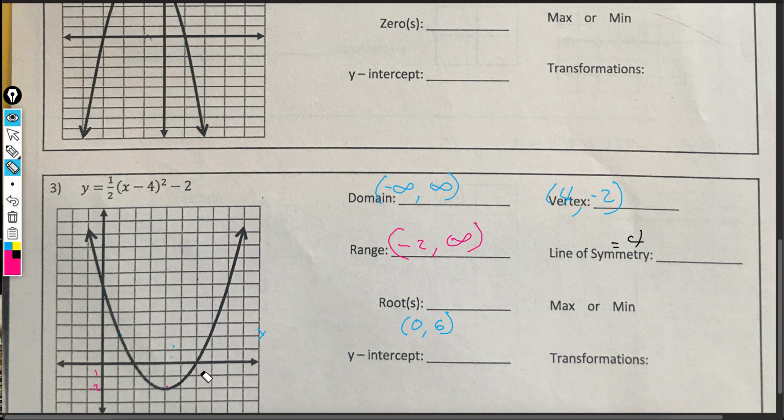What do you think our roots are? Let me see how we are on time. Okay, we're at 6 minutes. So I want you to take a moment to think about what our roots are. Take a moment. So a root is a value for which a given function equals 0.